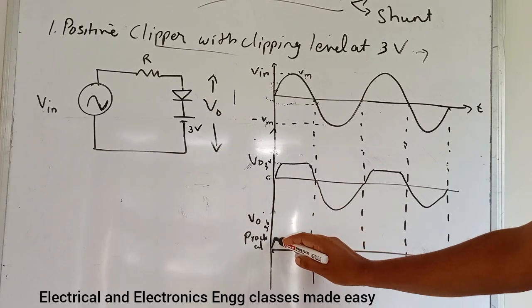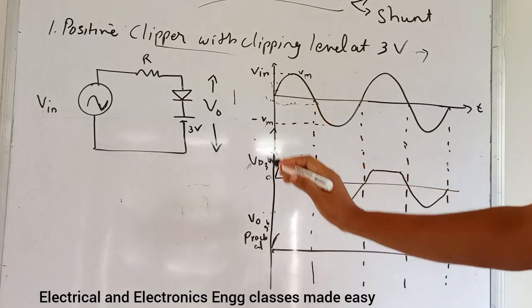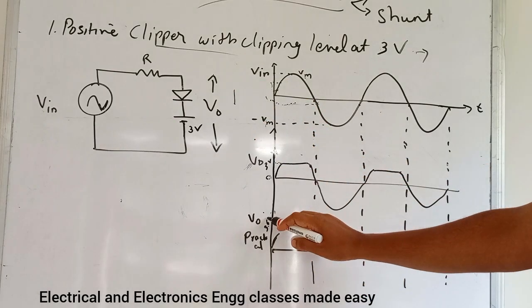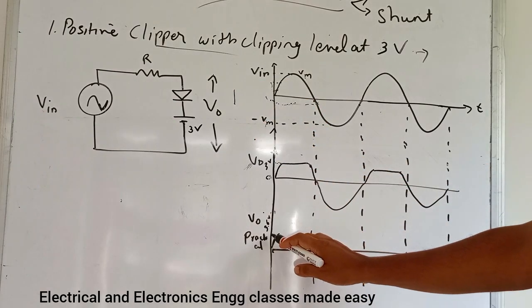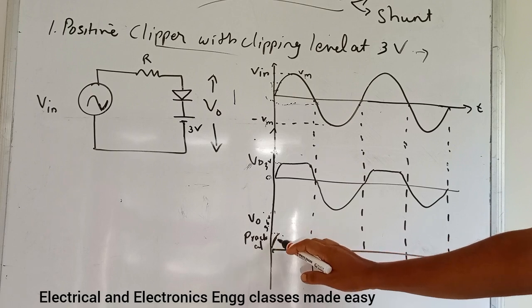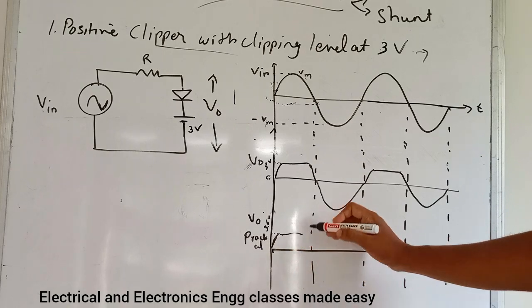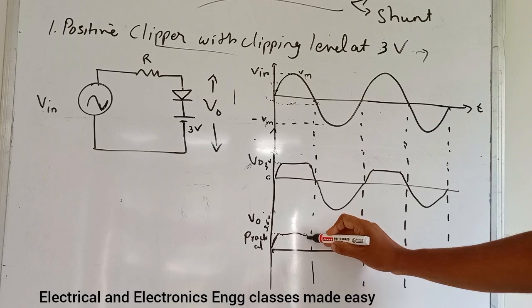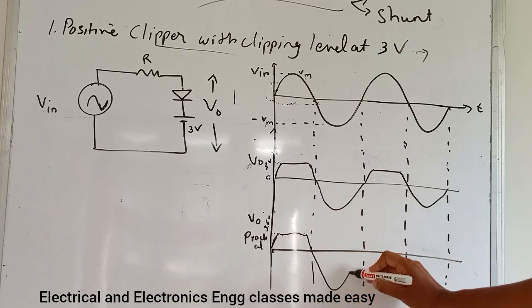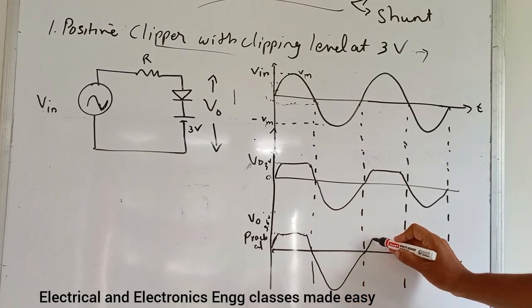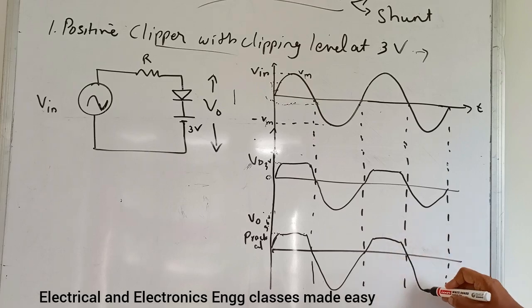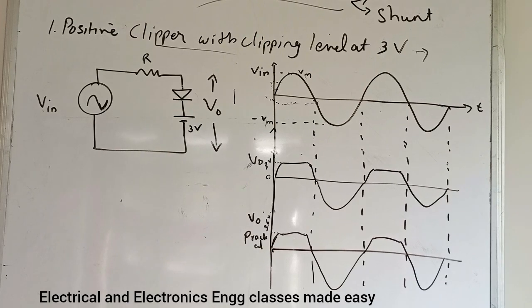So the diode will conduct above this 3.6 volt. So up to 3.6 it will not conduct. So we will get a waveform like this. So in practical case, it will be like this. So this is positive clipper with clipping level at 3 volt.